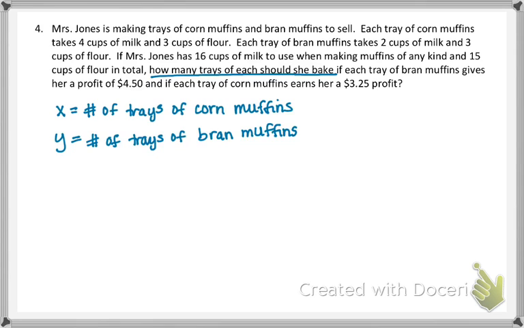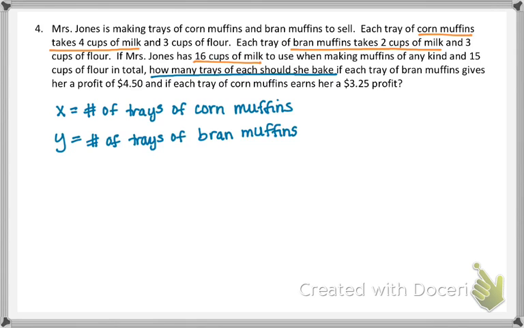So it looks like one thing that I'm limited by is that I only have 16 cups of milk. Right, we only have 16 cups of milk. And it looks like corn muffins takes 4 cups of milk, and bran muffins takes 2 cups of milk per tray.